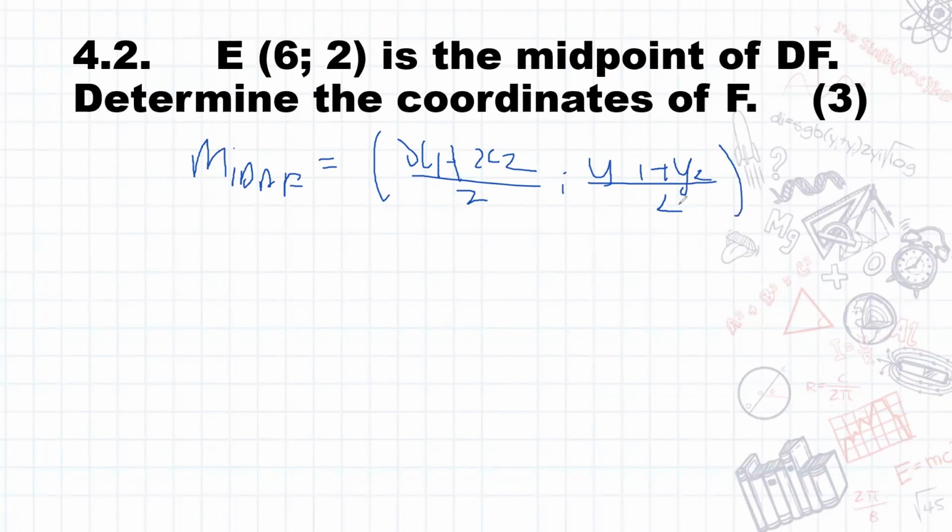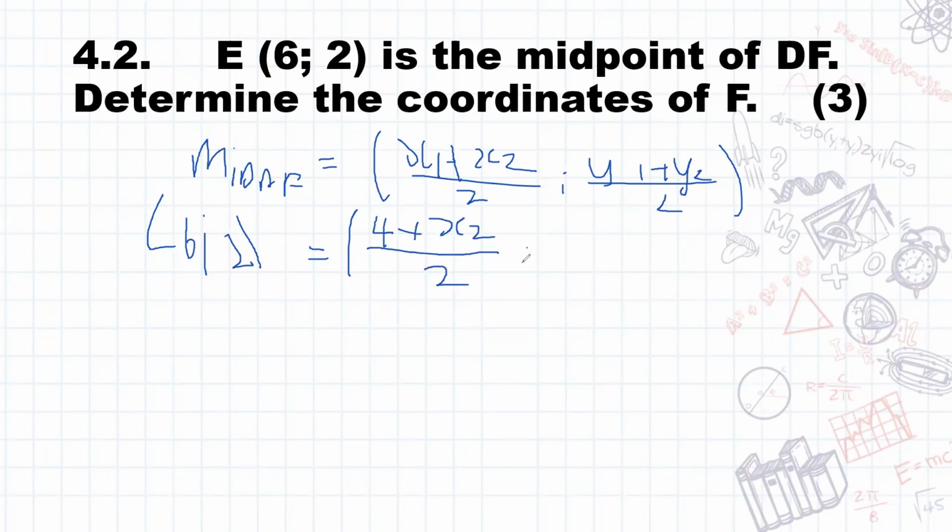That gives us the coordinate, but we already know what the coordinate is. We know that it is (6, 2). So what we do is we substitute in our D value. Our D we know is (4, -2). So we're going to write in 4, and we're looking for our x of F.